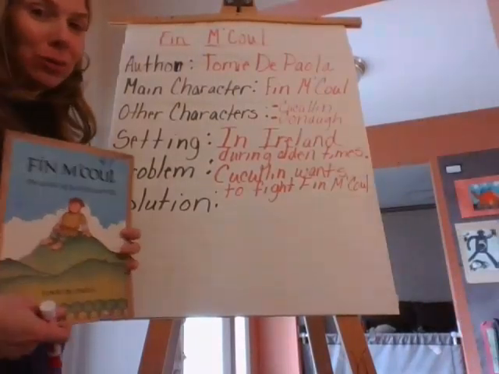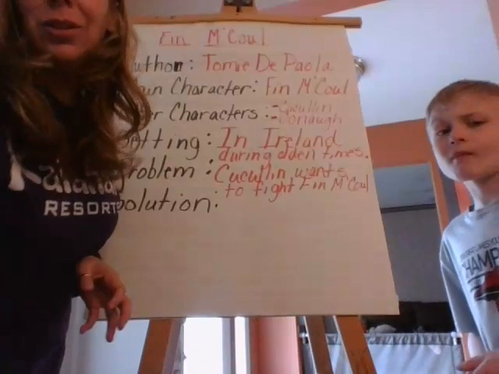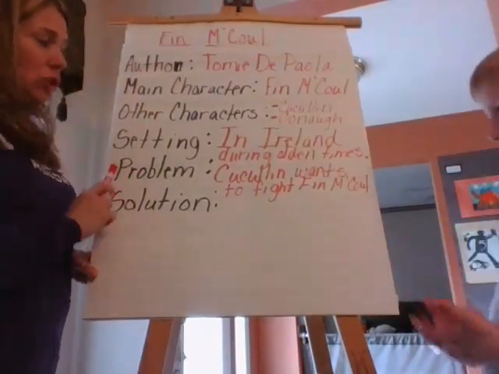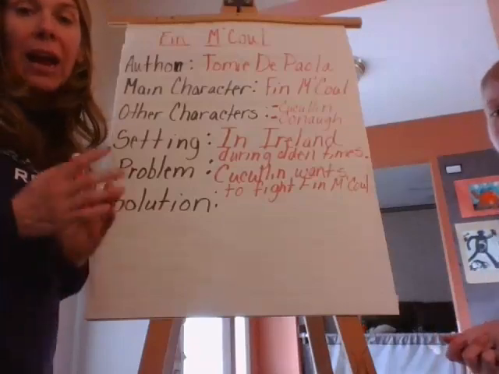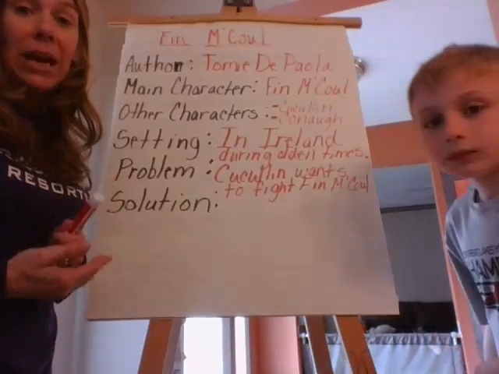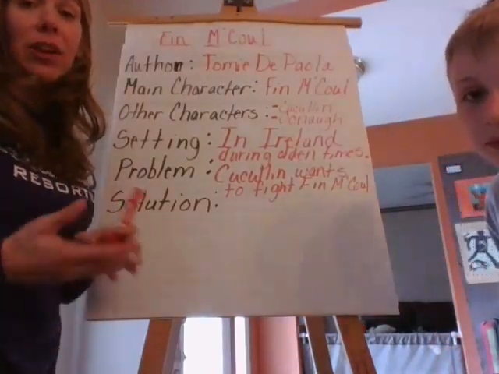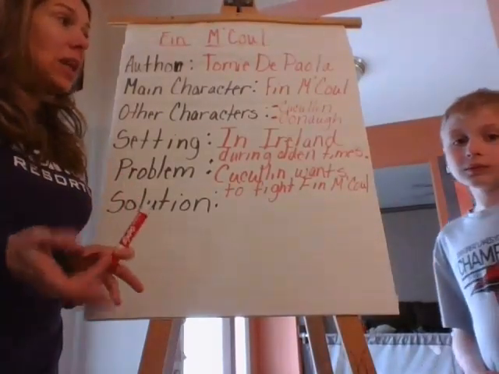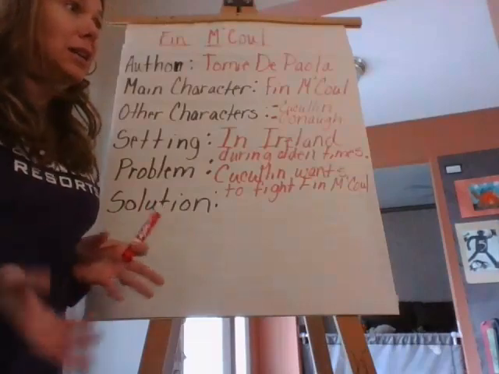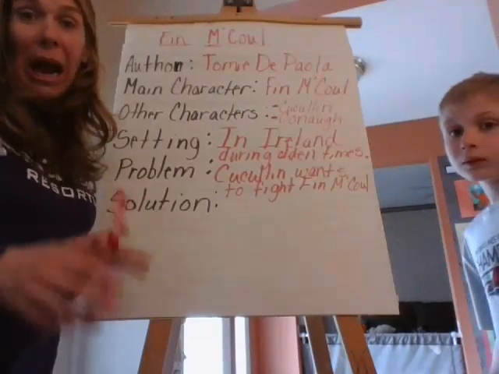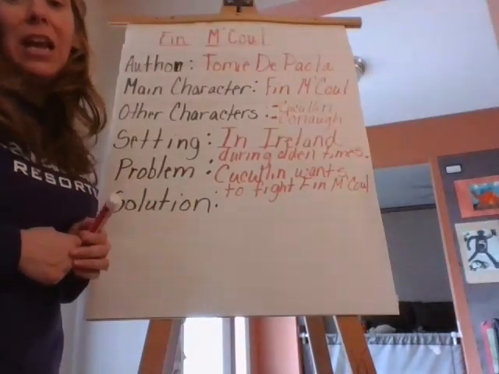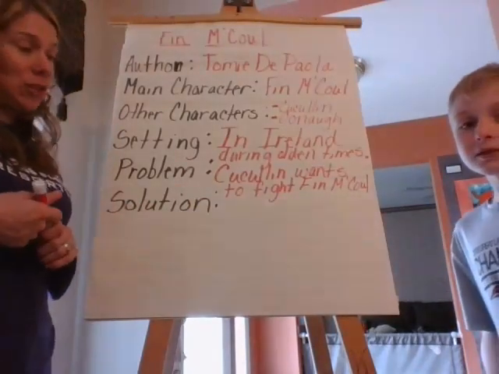If you don't know, check your answer when I tell you. Okay, so the answer is that Una had Finn dress up as a baby and act like he was their son. So when Cucullin saw Finn, he was like, if this is your son, the father must be huge. I'm getting out of here. And that's how the story ends. And then Finn and Una lived happily ever after.